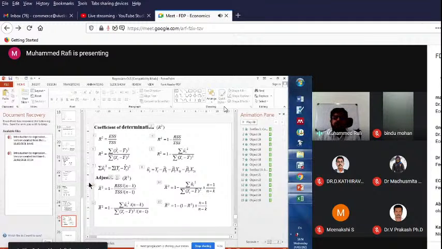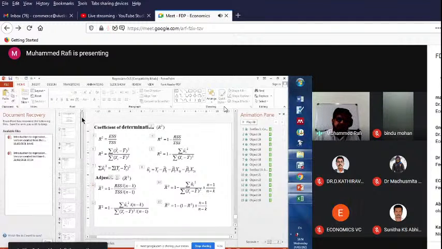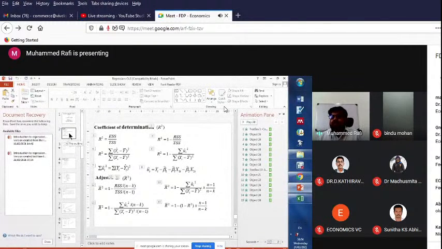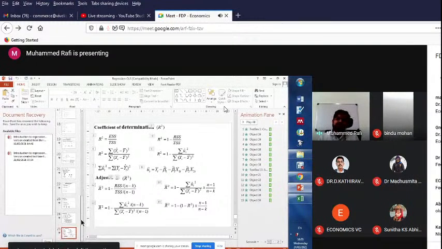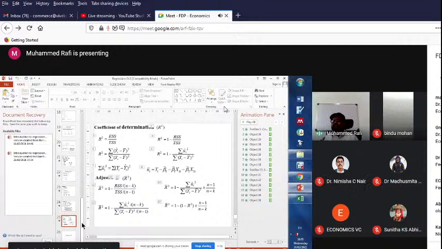So we have explained the ordinary least square method, a widely used method, which helps us to find out the values of beta 0 cap and beta 1 cap, which talk about the relationship between these two variables, or in case of multiple regression, the relationship among different variables. You have other methods such as the maximum likelihood method or GMM, generalized method of moments.